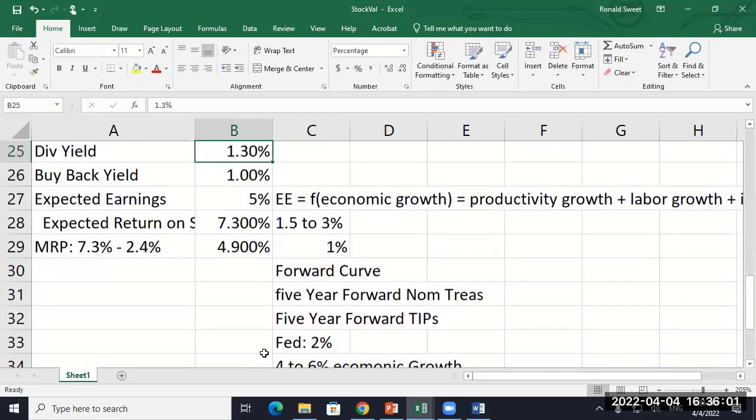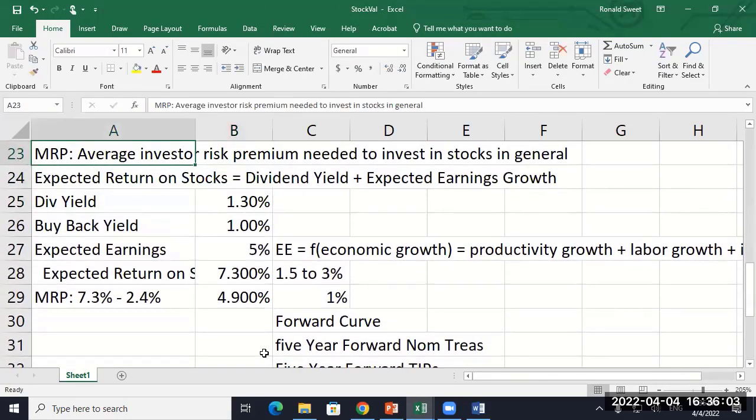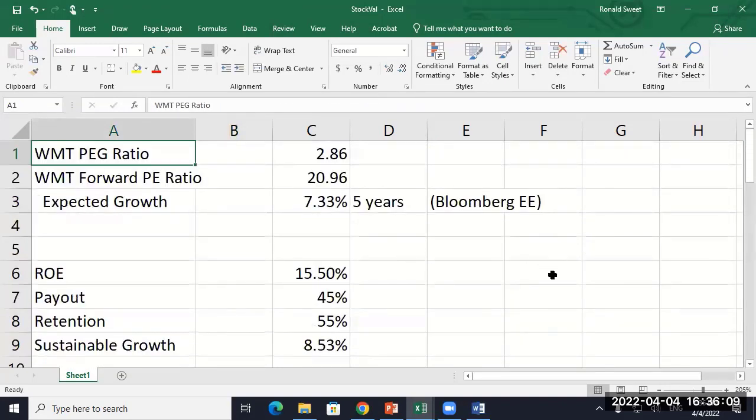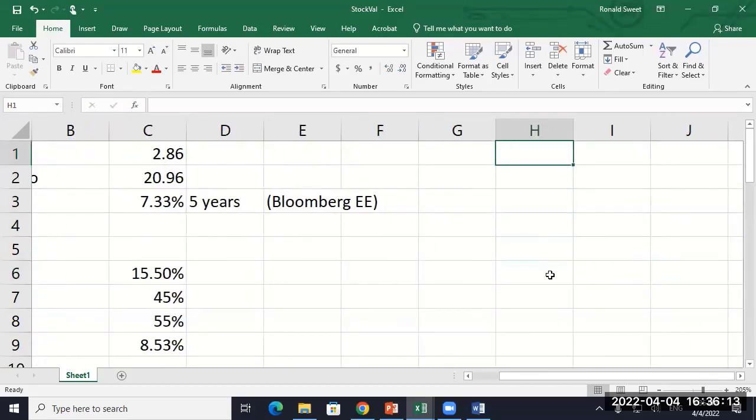So what you have to do in paper 3 is just write all this up. Where did you get all these numbers? So if you remember, in paper 3, you need the risk-free rate.